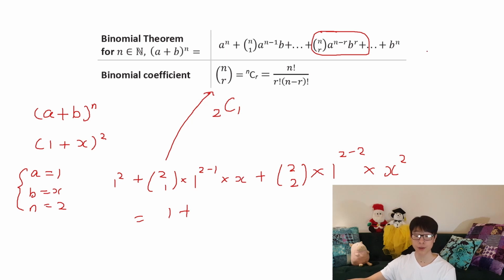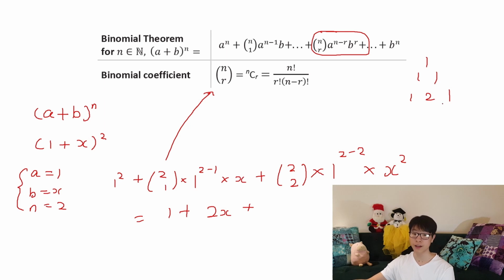And we know from the Pascal's triangle, the first number on the second layer, n equals 2, this is r equals 0, and this is r equals 1, will just be 2. So 2C1 is equal to 2. Hence, 2 multiplied by 1 to the power of any number is 1, multiplied by x, and we're going to add 2 on 2, 2C2. Again, if we look at Pascal's triangle, the second number on this layer will be a 1.